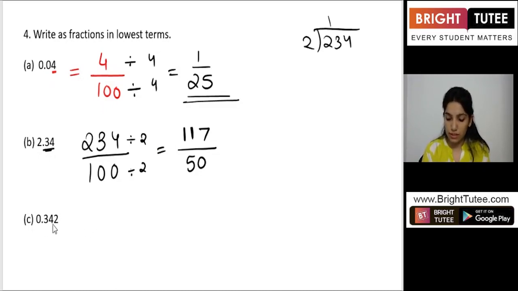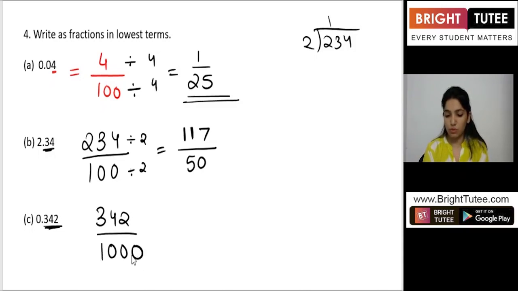Next one, it is 3 numbers sitting after the decimal point. So what do we do? We write 342 divided by 1000. 3 digits after the decimal point, so 3 zeros need to be there at the denominator. Now let's convert this into the simplest form, dividing them first by 2. So it is 171, and here it comes out to be 500.